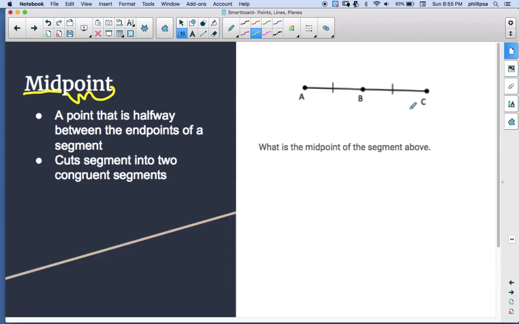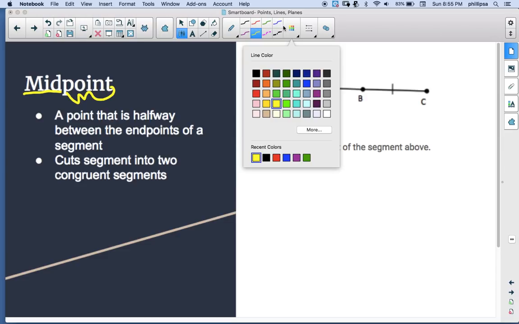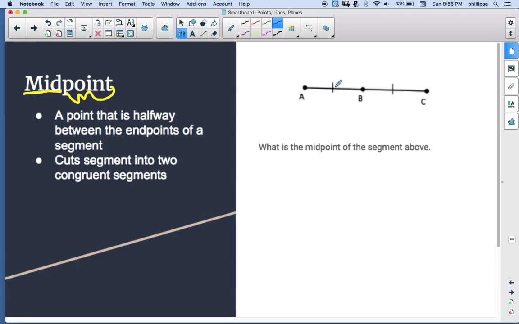So because I now know that these are two congruent markings, we acknowledge that this entire segment here is being cut in half by that point, making that point a midpoint.